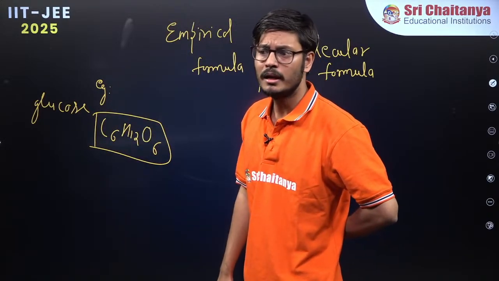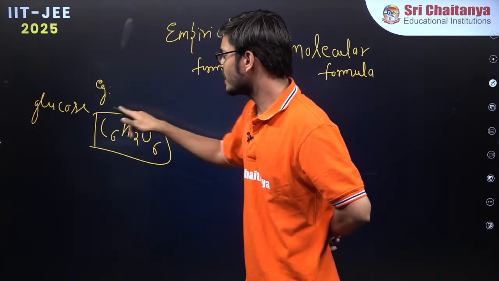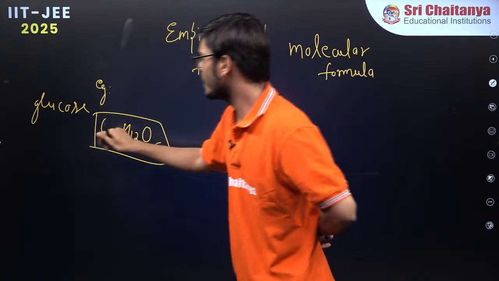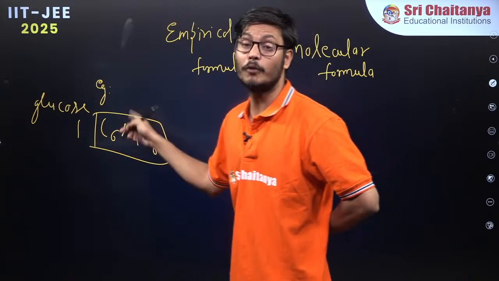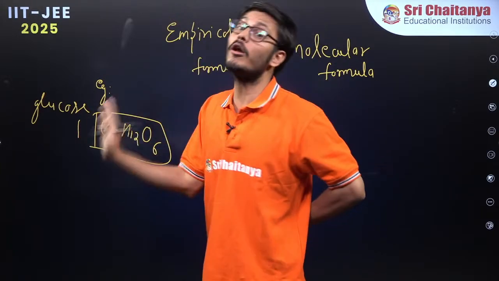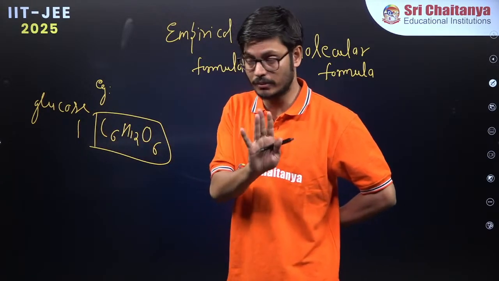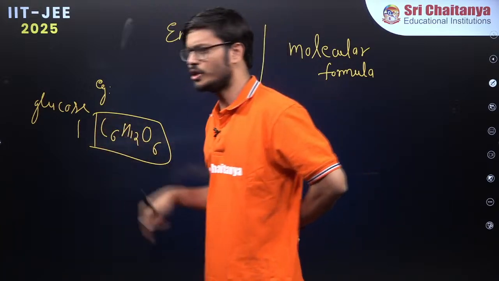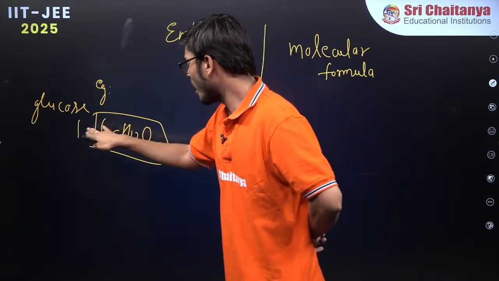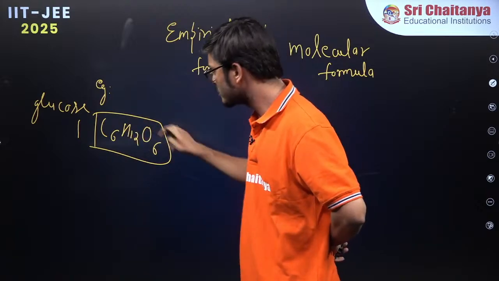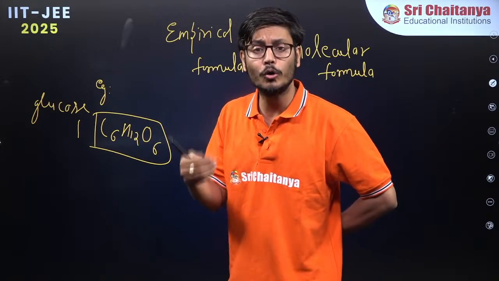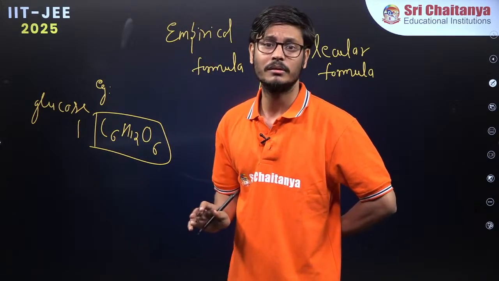What I mean is, if you look at the glucose, there are 6 carbon atoms if you take one molecule. But if you take 1 mole, this will be 6 mole of carbon atoms. Please remember. So for 1 molecule, 6 carbon atoms, 12 hydrogen atoms and 6 oxygen atoms. That is how glucose actually exists in nature.